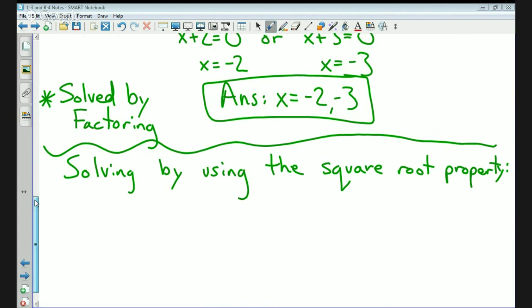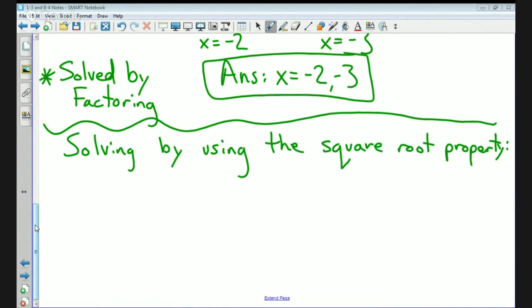Now, when you're solving by using the square root property, typically what you're going to see is something where when you factor it, you end up with something like this. You end up with x plus 2 quantity squared equals, I don't know, let's say it's equal to 5, something like that.